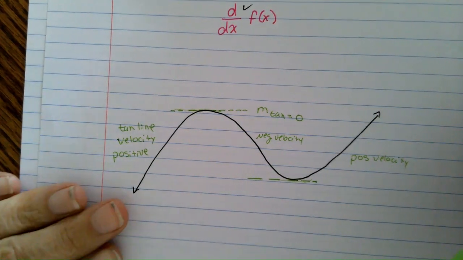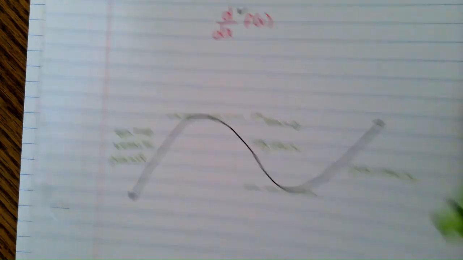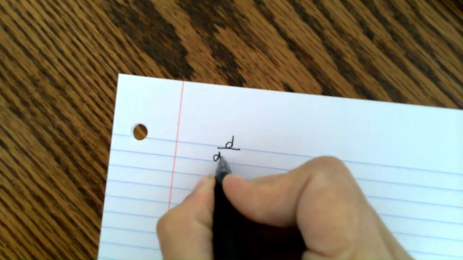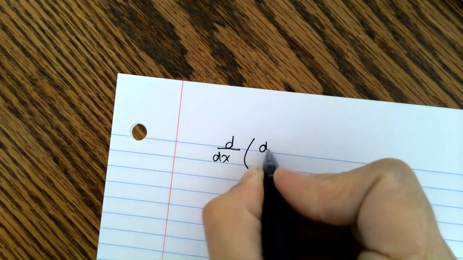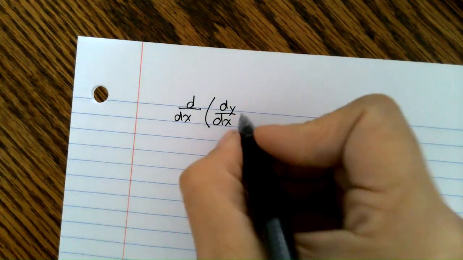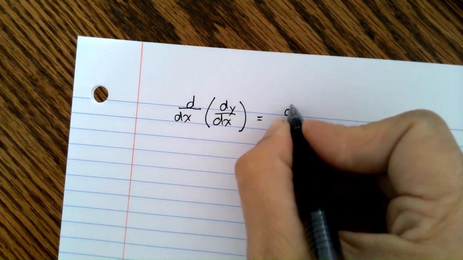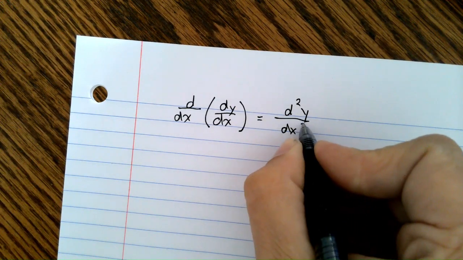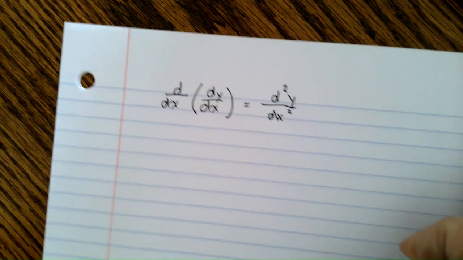Okay, now, not only can you do one derivative, you can do higher order derivatives. Okay, so you can do the derivative of a derivative. So another way they might write that is d2y dx squared. For some reason they don't put the parentheses around it.